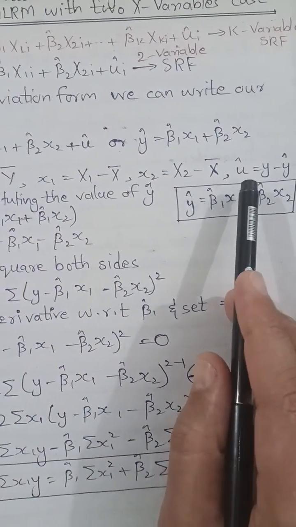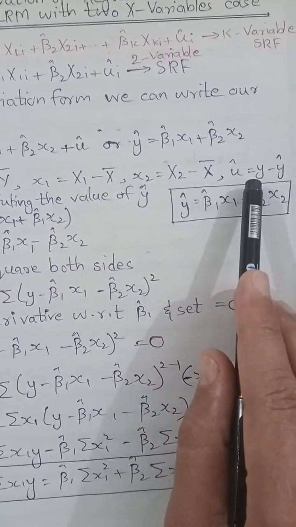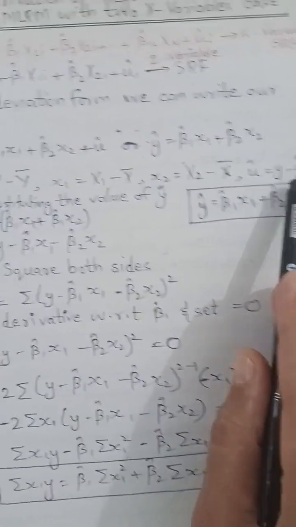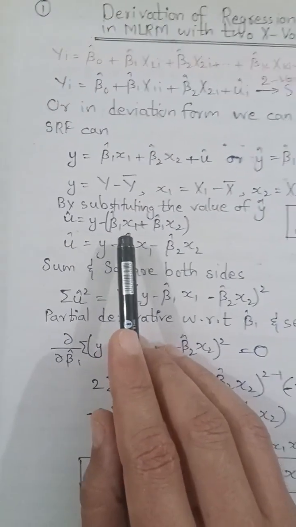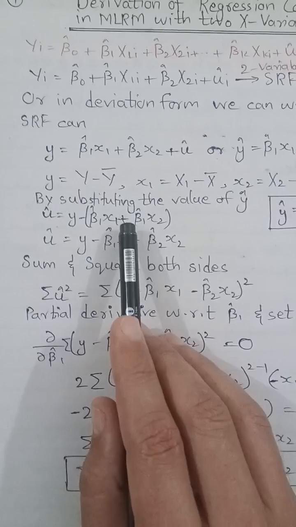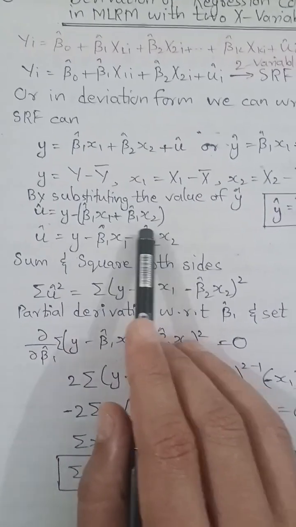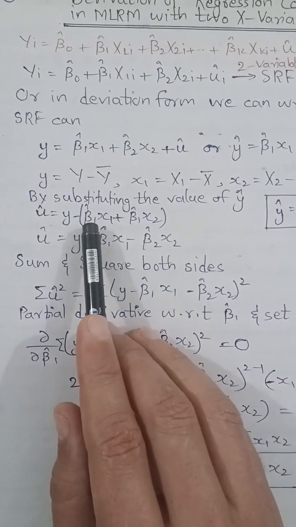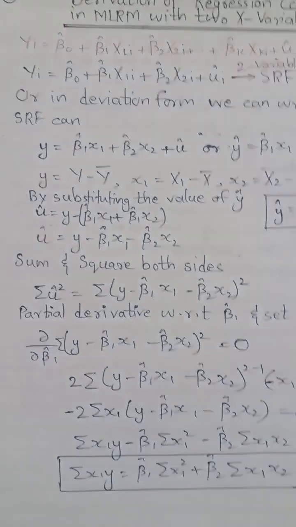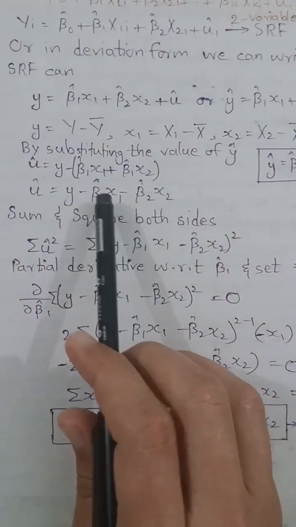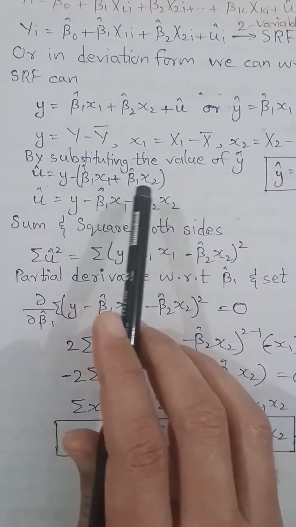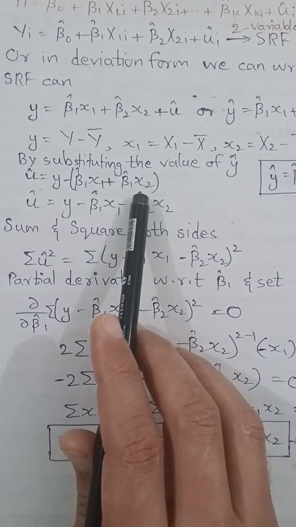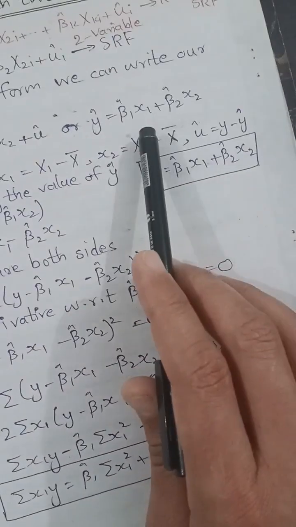Here you can see that the residual equals y minus y hat. So when substituting the value of y hat, we get this equation. Remember that this is the deviated form of sample regression function, which comes from this equation.